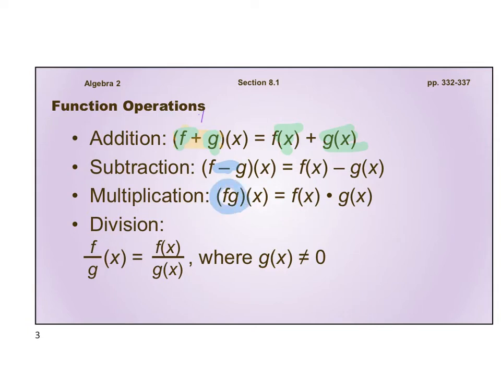This is the multiplication of the two functions. For division, notice it's f over g of x, which becomes f of x over g of x. And we're going to rewrite it in those forms every time so that you can start plugging things in. All right.